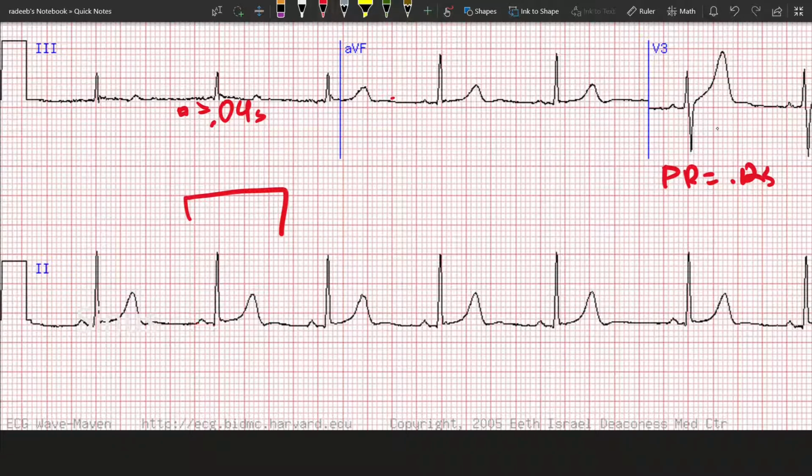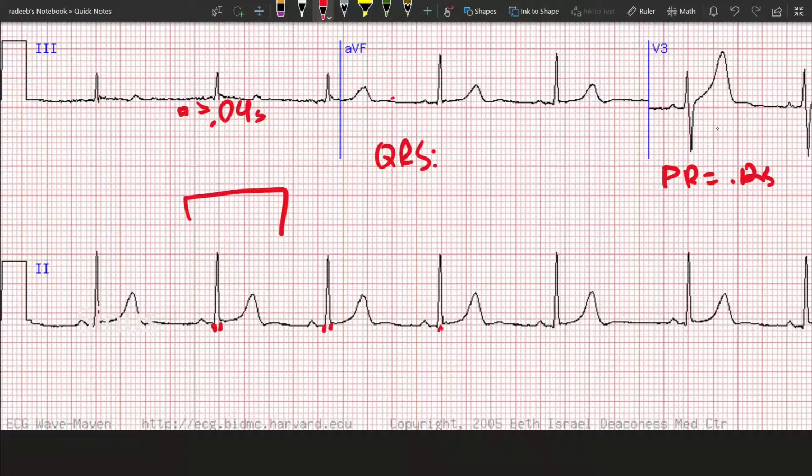All right, let's do our next interval, which is the QRS complex. Here we start here and we end right there. So it's one small box, and if we really want to, we could look at another one just to double check, maybe 1.5. That looks like it's 1.